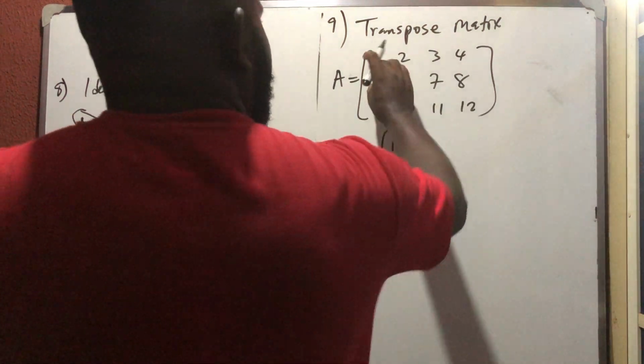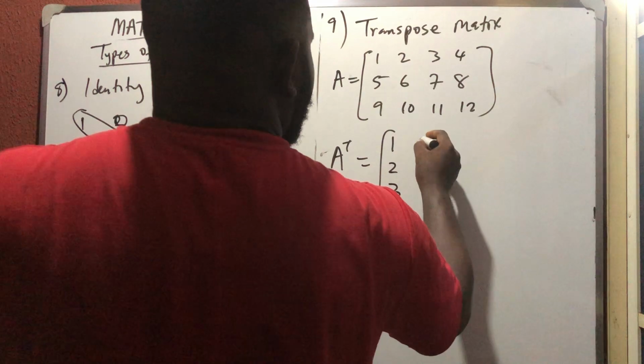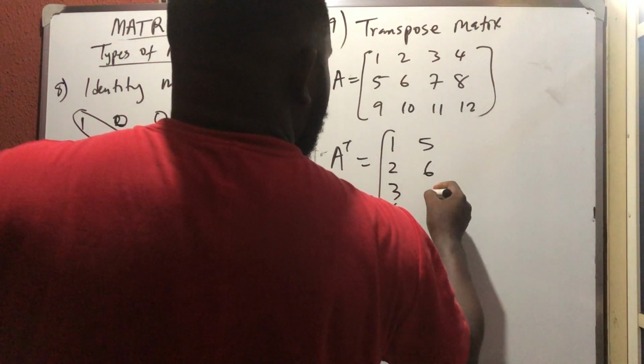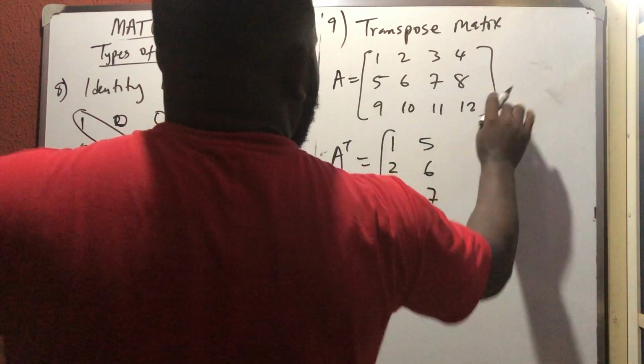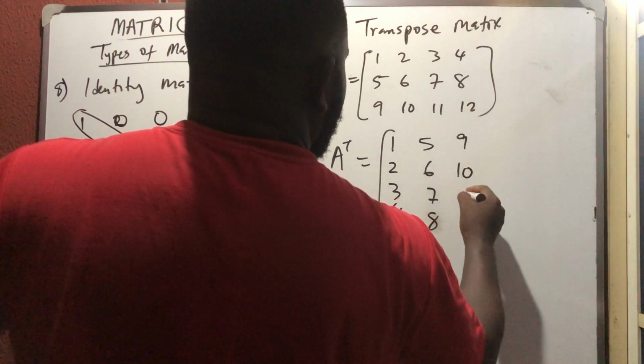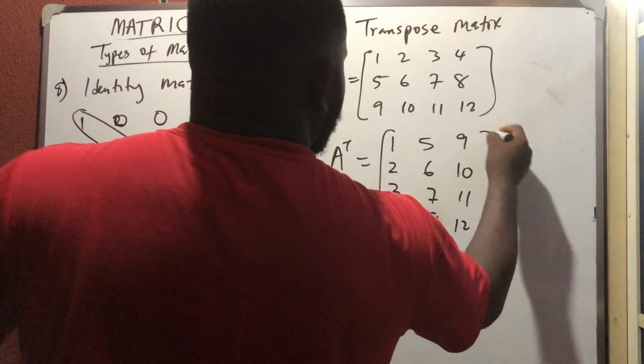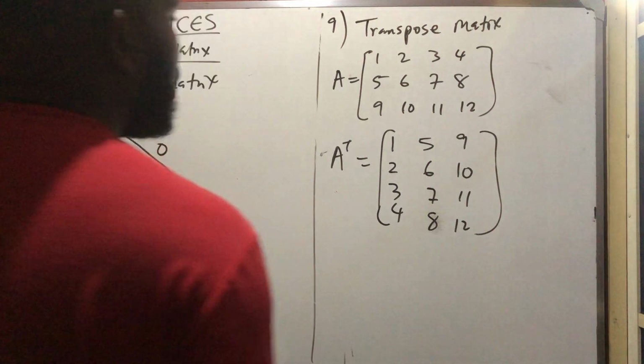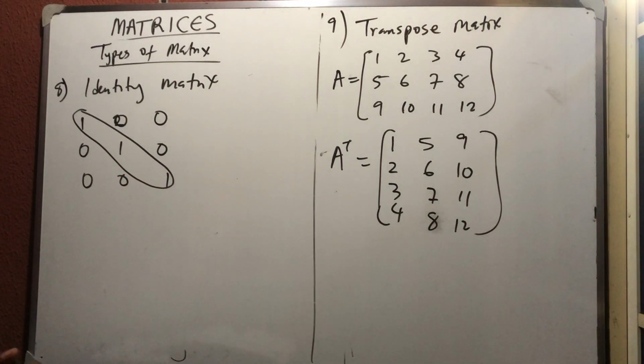You see the way I did it? Let's stand the next one, so I'm having 5, 6, 7, 8. Then the last one, 9, 10, 11, 12. So that is it. The row will turn to the column, and the column will turn to the row. That is what is called the transpose of a matrix.